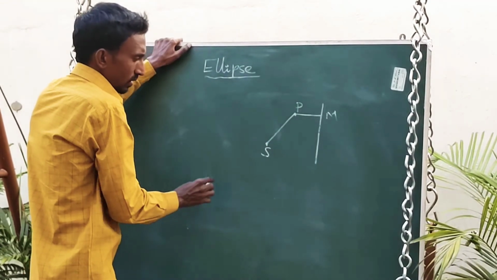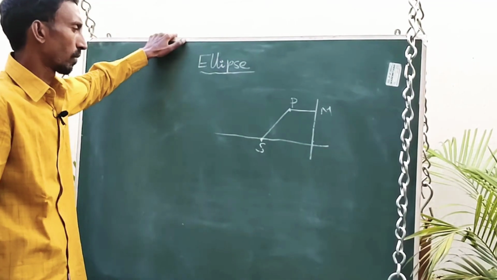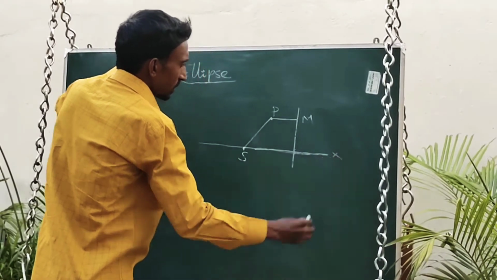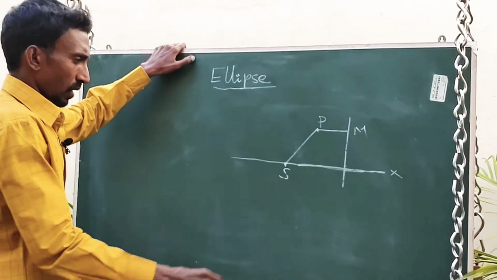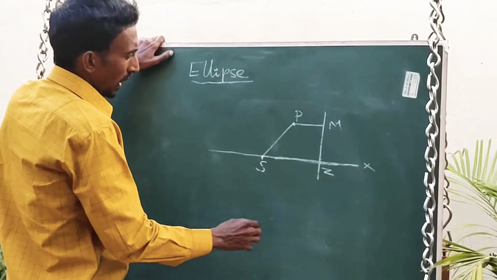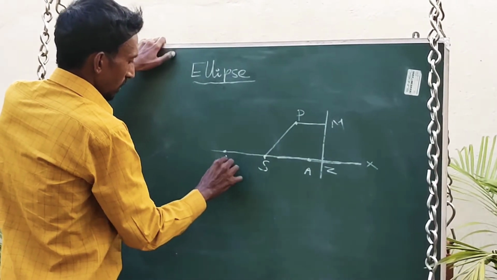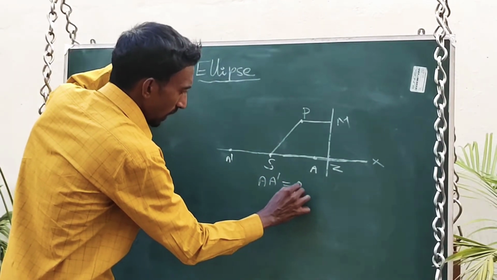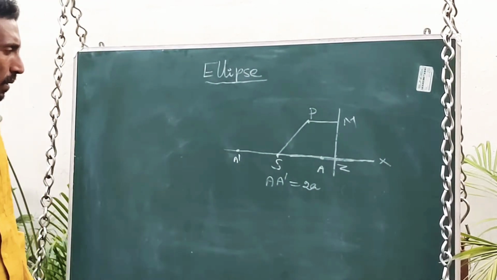through the point S, draw a line perpendicular to this directrix. Assume that point is X, and this point is Z, and take two points A and A dash with the condition that the distance between A and A dash is 2A.